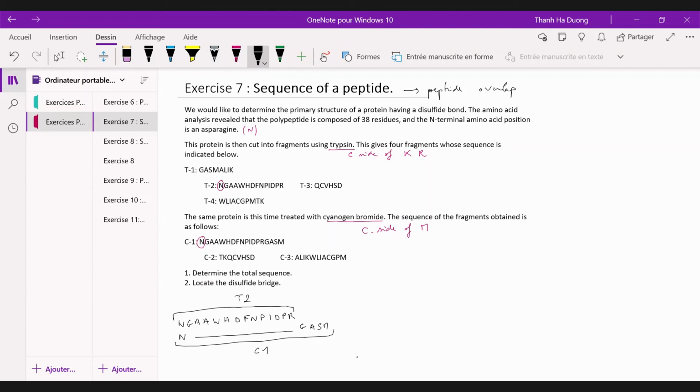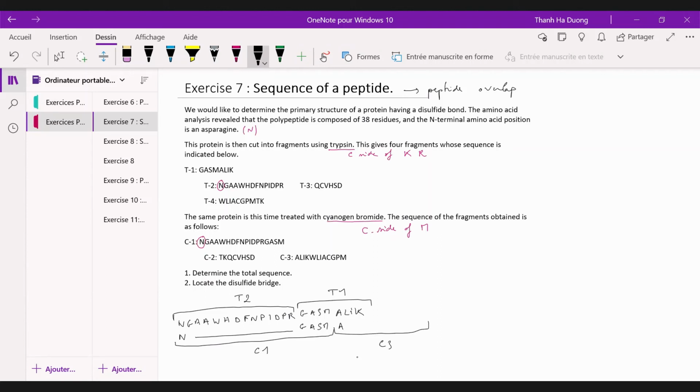Which fragment should I put after T2? T1. Yes, it will be T1. So with the second experiment, it will be C3.